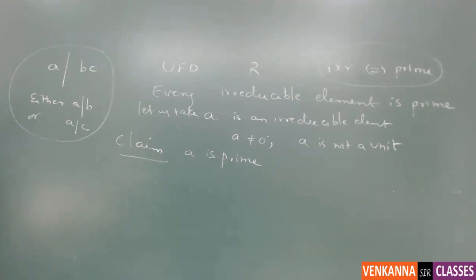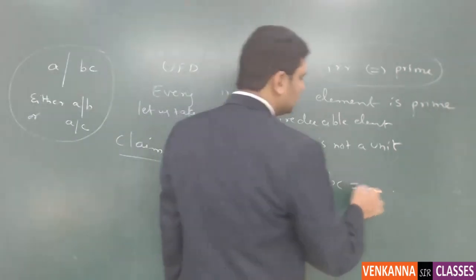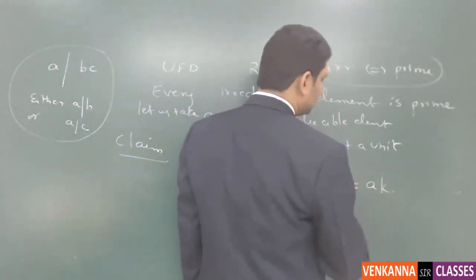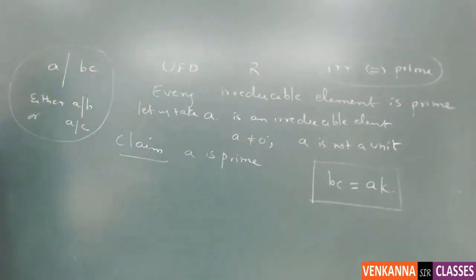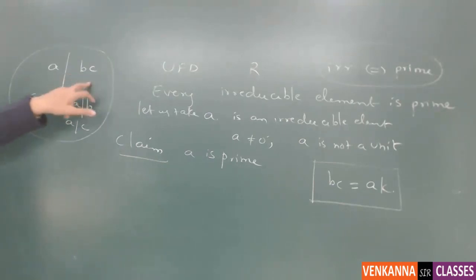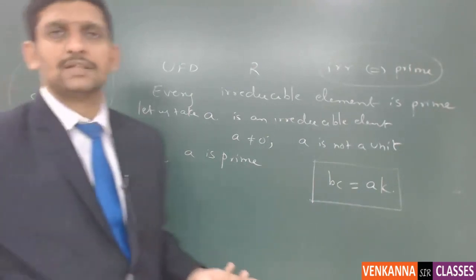Then A will become the prime element. So let us take that A divides BC. Since A is a divisor of BC, immediately you can say that BC is equal to A into some number, say K. Now, whenever you write B and C, where B and C are elements in the ring, they have different possibilities.